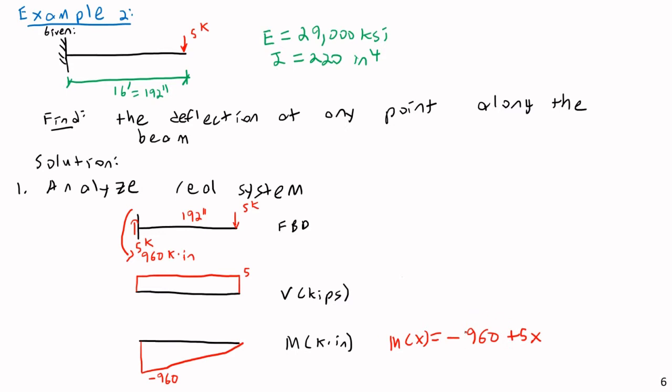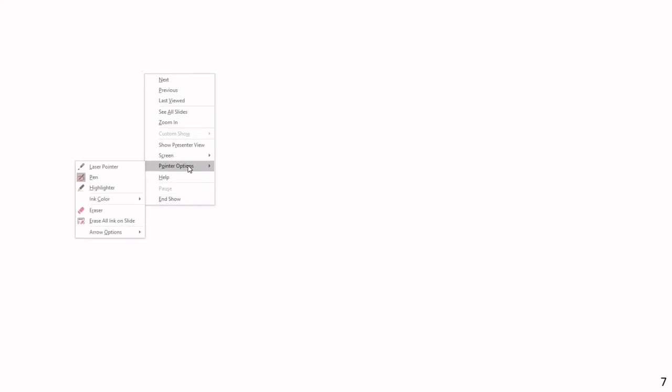If you run through the math, you'll find that M as a function of x equals negative 960 plus 5x. But this, again, is not in kip feet, but in kip inches. I'm approaching this problem doing everything in kip inches, rather than in feet, so that I'll be able to avoid the unit conversions later.